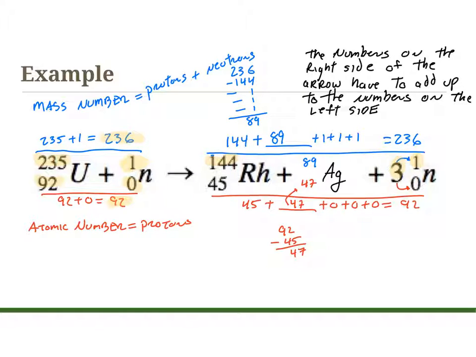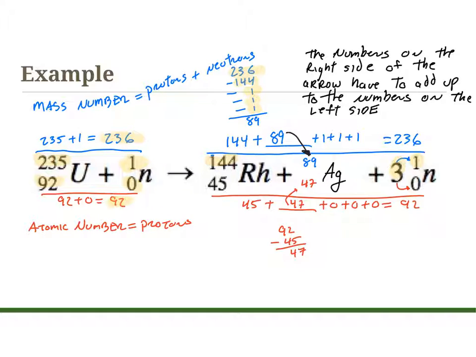So the right side has to add up to 236. So what I do is I take 236 minus 144, minus 1, minus 1, minus 1 to get 89, and that 89 I'm going to put right here on top. So that's going to be my mass number for my new element that forms as a result of fission.